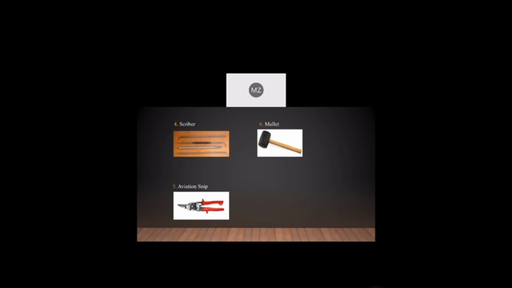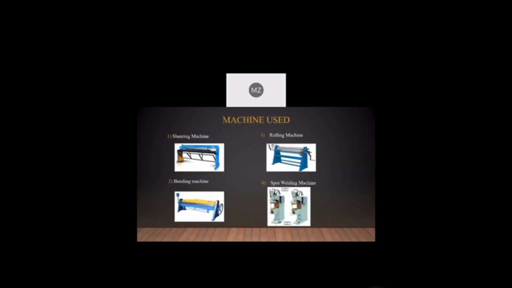It is a cutting tool, not only for straight cuts but also for inside curvature or concave curvature. And number six is the mallet or slide hammer. This type of hammer delivers a softer impact than hammers with metal heads. They are essential if your work needs to be free of impact marks.